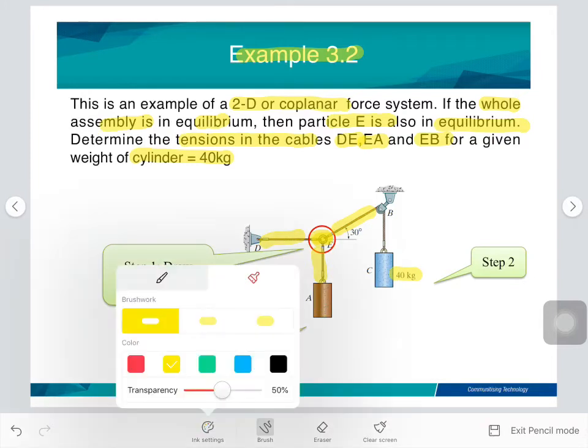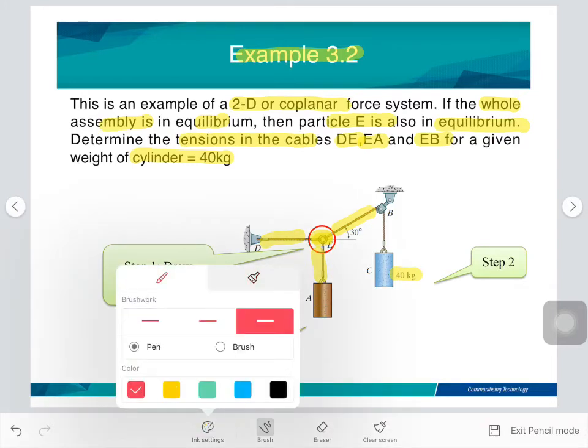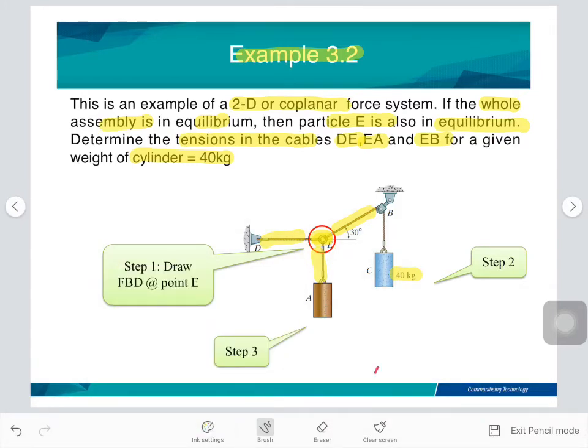Okay, now the first step, we need to sketch the free body diagram. Before that, what kind of structure is this? Is this a cable or pulley, right? What hints or info can it give us?